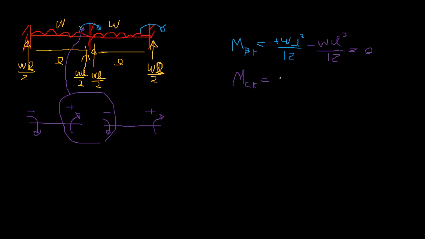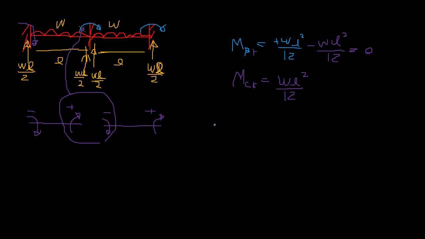MCR is plus WL squared over 12, right? So the actions. Here I mark the clockwise always. So the clockwise moment is now there, actually an anti-clockwise bending moment.